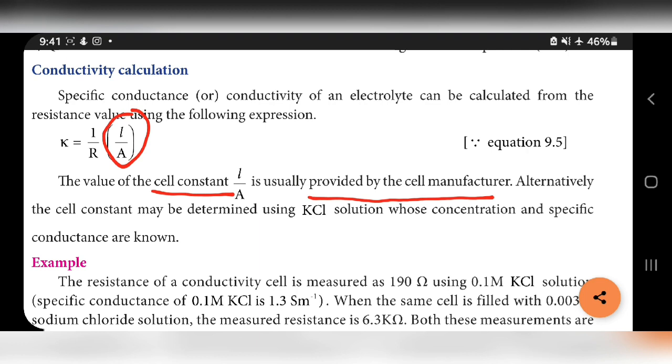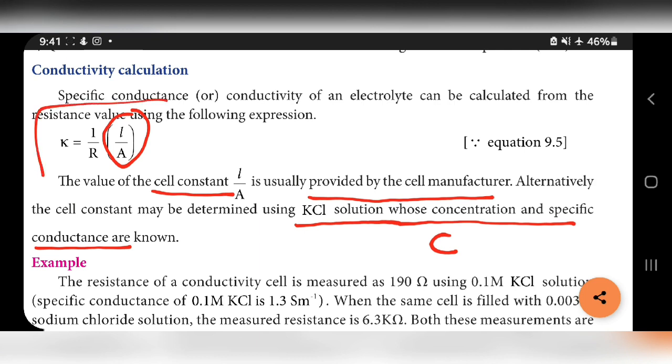If you don't know the cell constant value, alternatively we can determine it using a KCl solution whose concentration C and specific conductance are known. If you know both these values, we can calculate the cell constant.